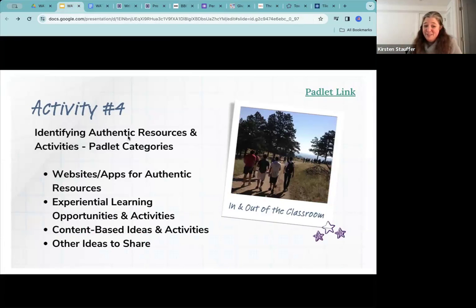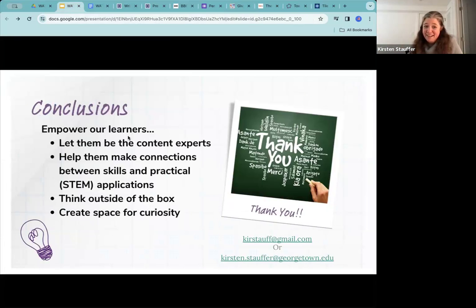Well, that brings us to the end of what I had. So I think a lot of times, to kind of get over that fear of like, oh no, this is a discipline that I don't know much about, we can really think about how we can empower our learners and let them be content experts and let them teach us as much as we're going to teach them, to help them make those connections between the language skills and the practical applications as well.